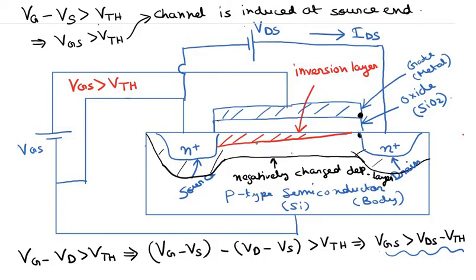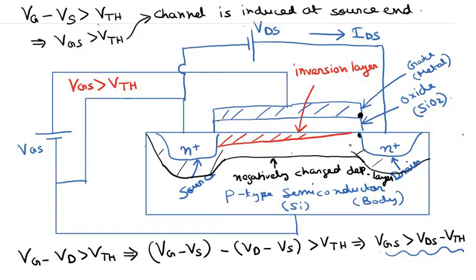Okay, so when VDS increases beyond VDS sat, in that case the extra voltage VDS minus VDS sat drops in this region which contains no channel.